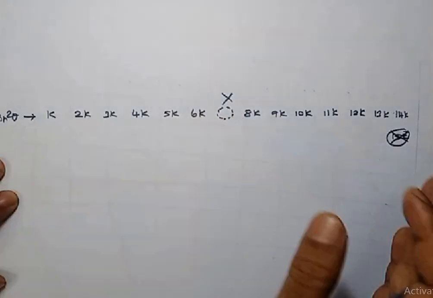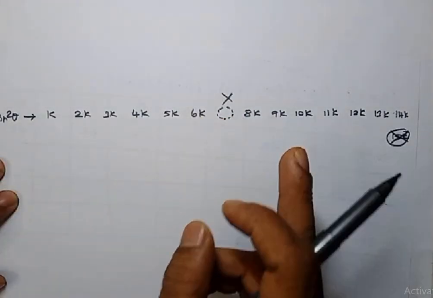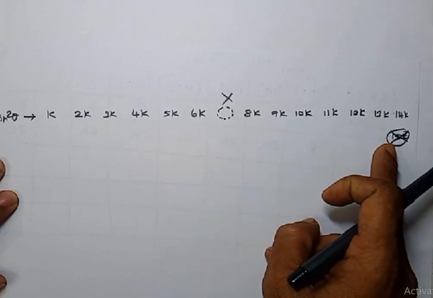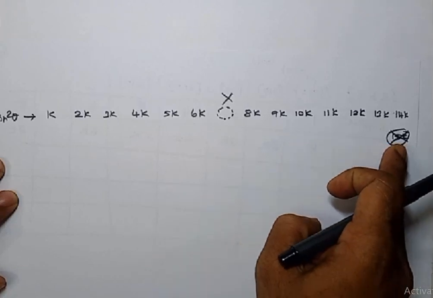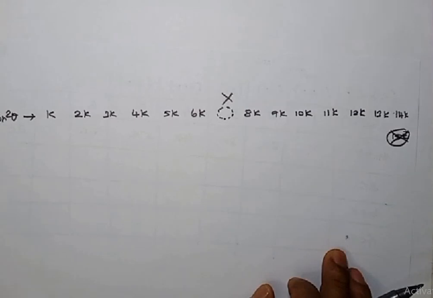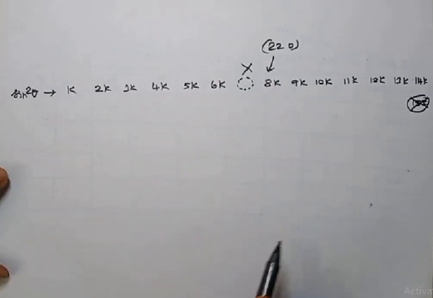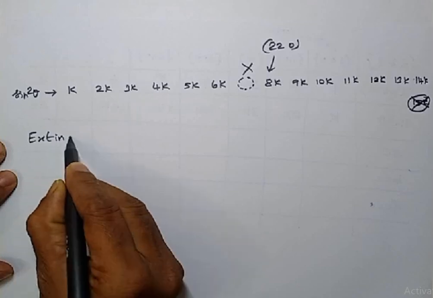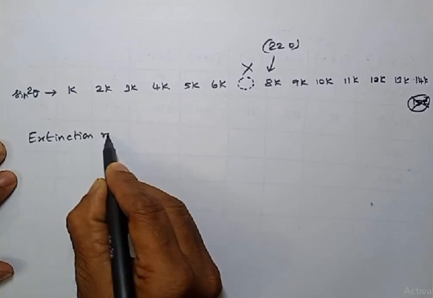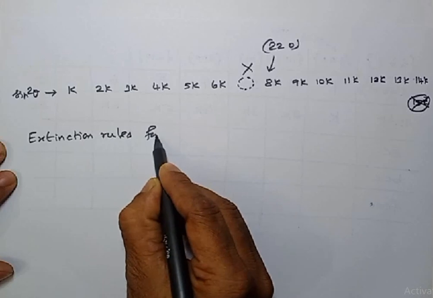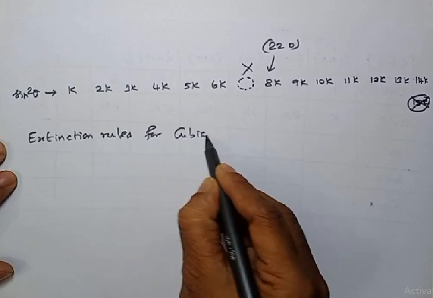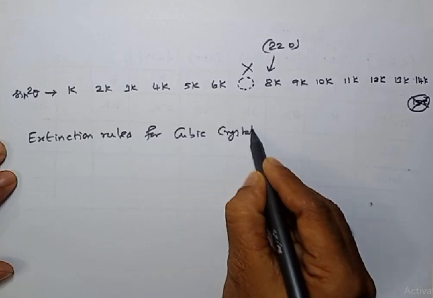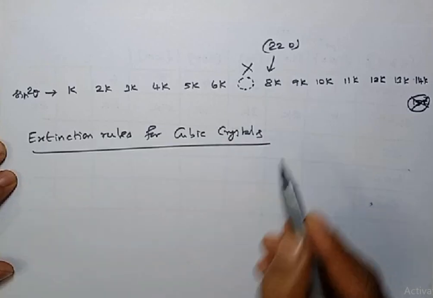Similarly, whatever HKL values you take, you cannot get H square plus K square plus L square equal to 15. Now, listen, I'll write the extinction rules for cubic crystals.